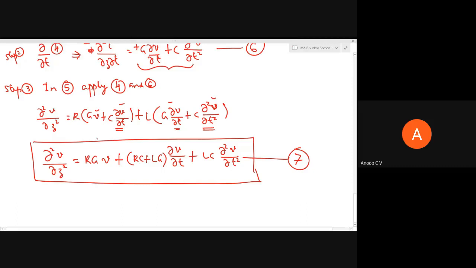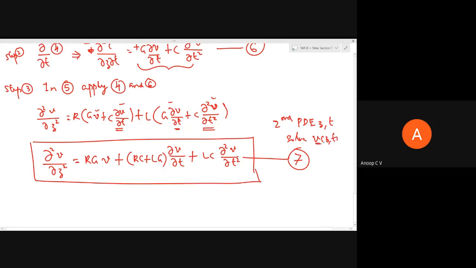You can see it's a second order partial differential equation of Z and T, and we have only V in this. If you solve this, you will get the transient solution for voltage as a function of Z and time.